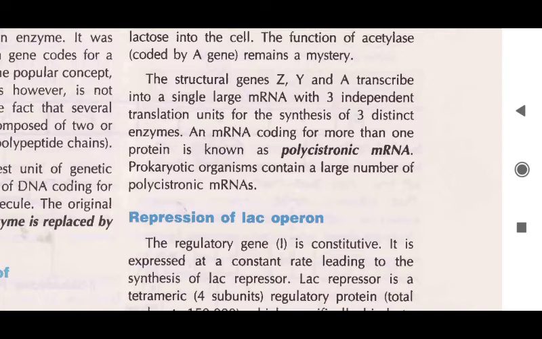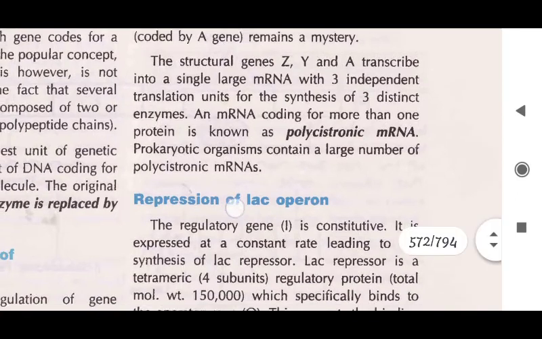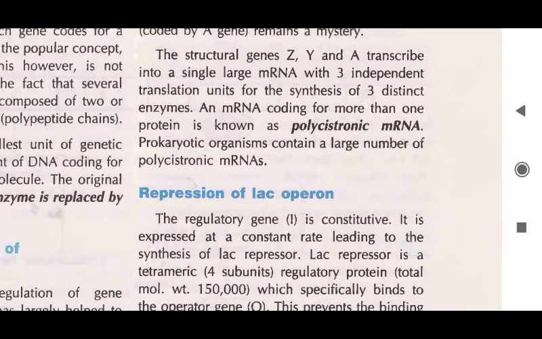This means there are three open reading frames right next to each other, and due to this nature, the mRNA in prokaryotes is known as polycistronic mRNA. Prokaryotic organisms contain a large number of polycistronic mRNAs. So in this way, these open reading frames are located right next to each other to form this polycistronic mRNA.